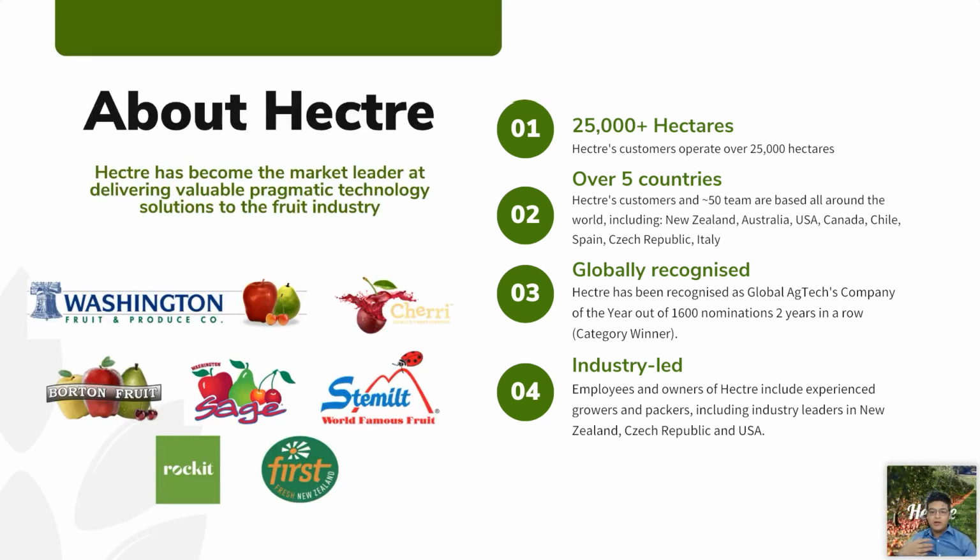So that's been awesome to see a lot of our hard work get the recognition it deserves out in the industry. With our team of employees, we have people with experience in the packing side, out in the field, advisors that are growers. So everything we have is centered around tree fruit, and it's taken in part by growers and their suggestions on what they want to see in a product.